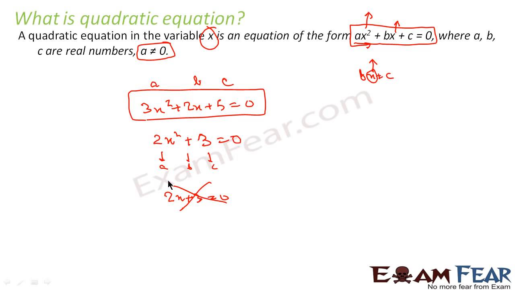If both b and c are 0, that is also okay. For example, if I say x square is equal to 4, or x square is equal to 0, this is also a quadratic equation. Why? Because here a is not 0, a is 1, correct? So quadratic equation is nothing but a form of equation of the form ax square plus bx plus c is equal to 0, where a should not be equal to 0 and all a, b and c are real numbers, they are constant.